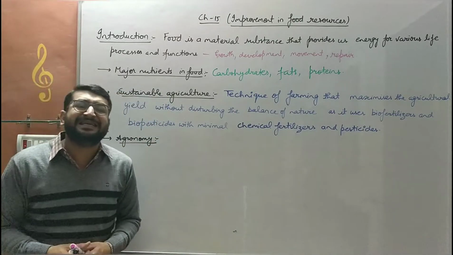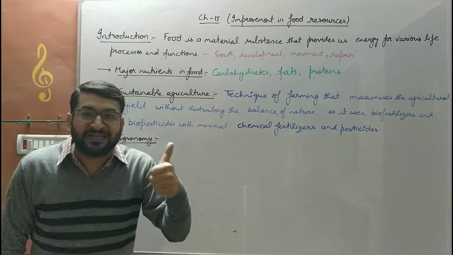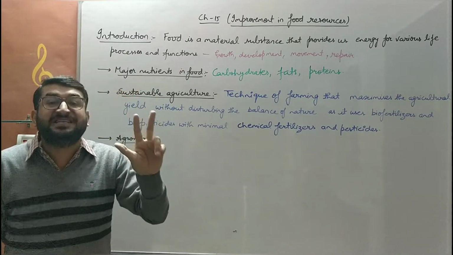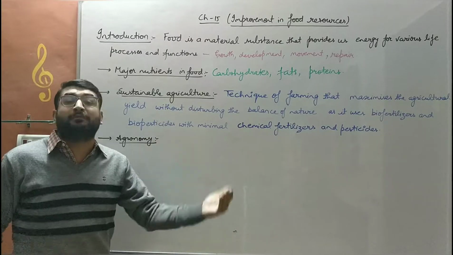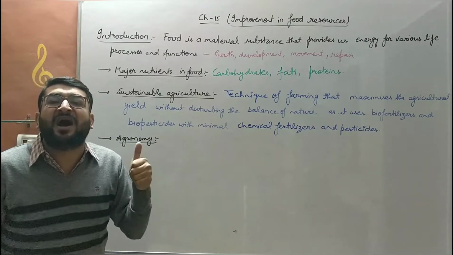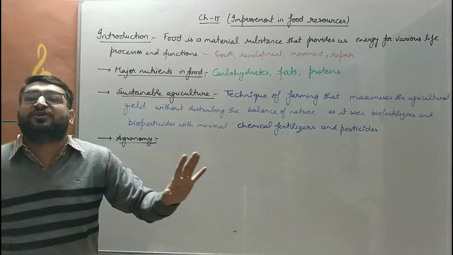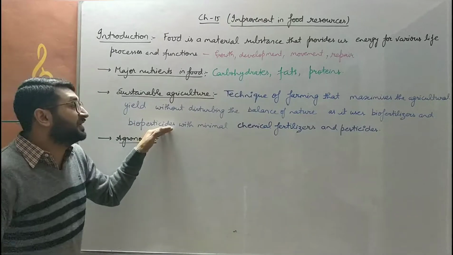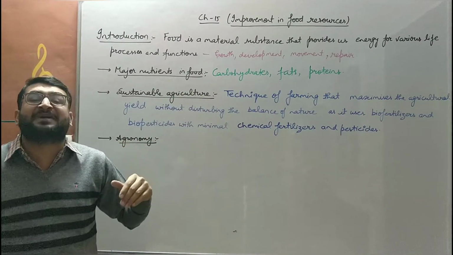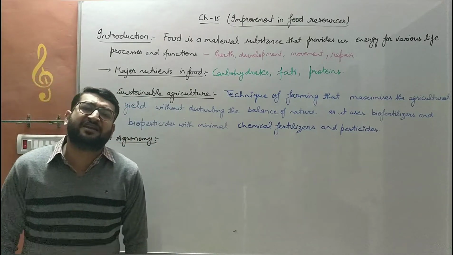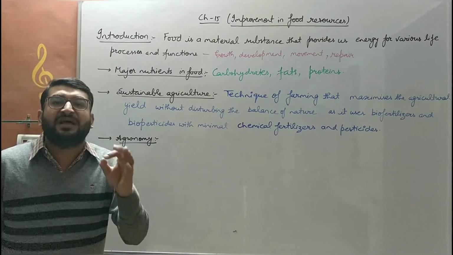It is a technique in which the various agricultural practices are done by using organic products like biofertilizers, biopesticides, bioweedicides, all those products which help in the growth and protection of crop plants, but do not harm natural resources like soil, water bodies, atmosphere, human beings. So by using biological products and minimizing the use of chemical products, the agricultural practices which are performed are referred to as sustainable agricultural practices, or that form of agriculture is known as sustainable agriculture.